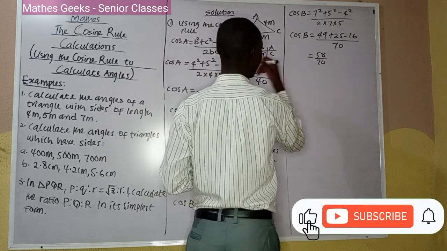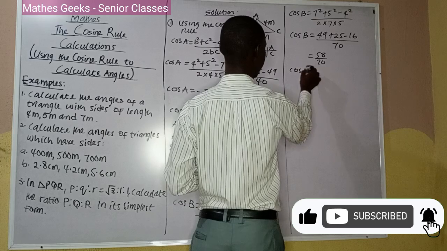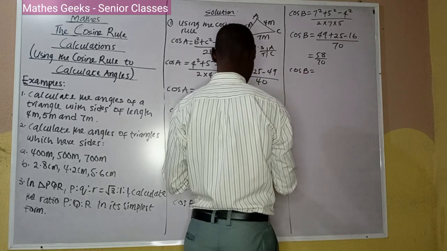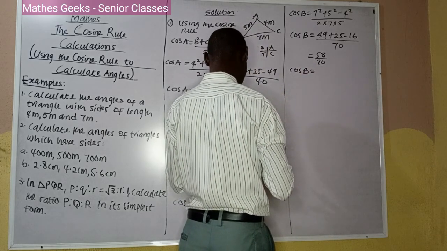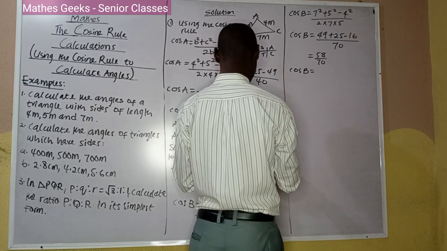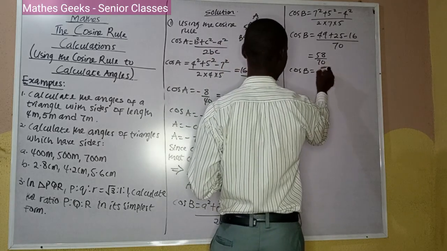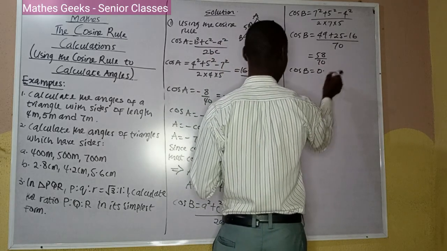So cos B is equal to 58 divided by 70, 0.8286 to 4 decimal places.